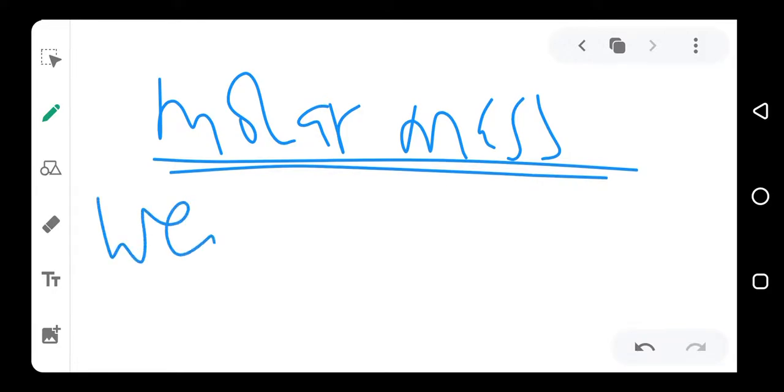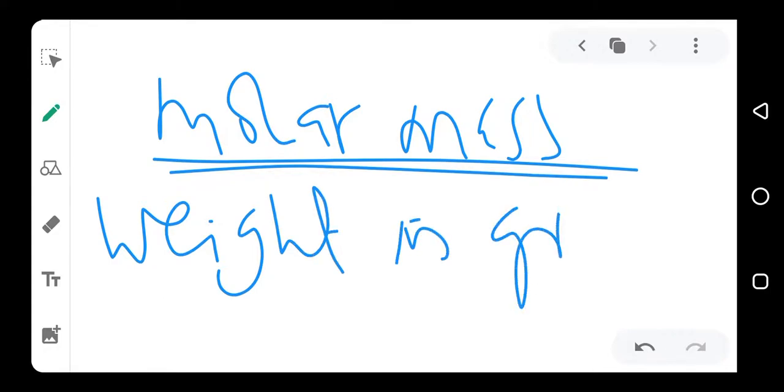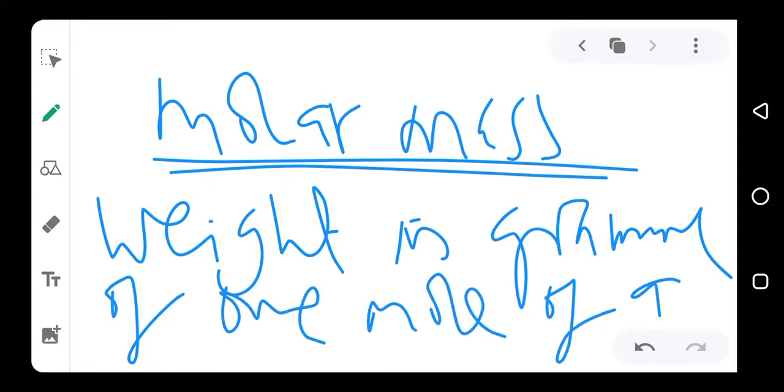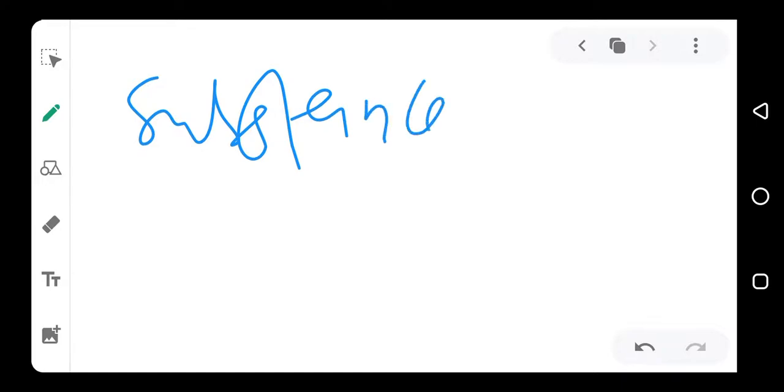Weight in gram of 1 mole of any substance. So that is the molar mass of the substance.